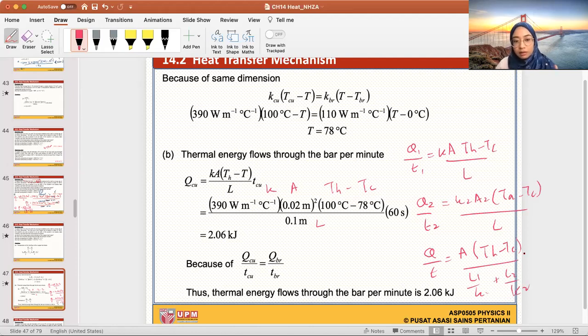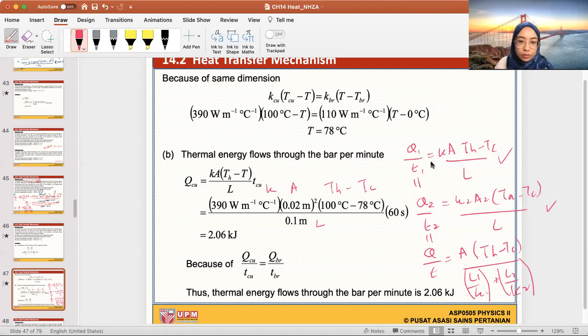Boleh. All three will work. Kalau korang try dan tak dapat, you can let me know. But if I want to use this equation, yes, boleh. Q1 over T1, boleh. Q2 over T2, boleh. Because why? The values are the same. This value should be the same as well. Q1 over T1 is equal to Q2 over T2 equals to Q over T.